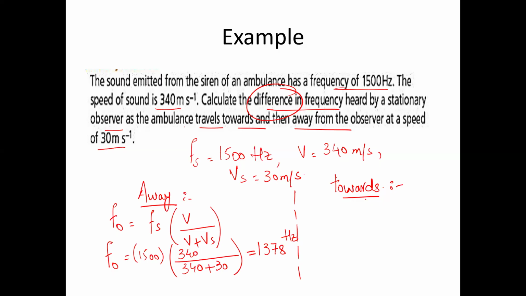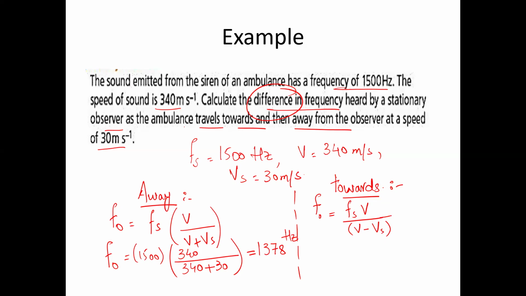Next, when any sound source is moving towards, what formula am I going to use? F naught is equal to Fs V whole divided by V minus Vs, right?